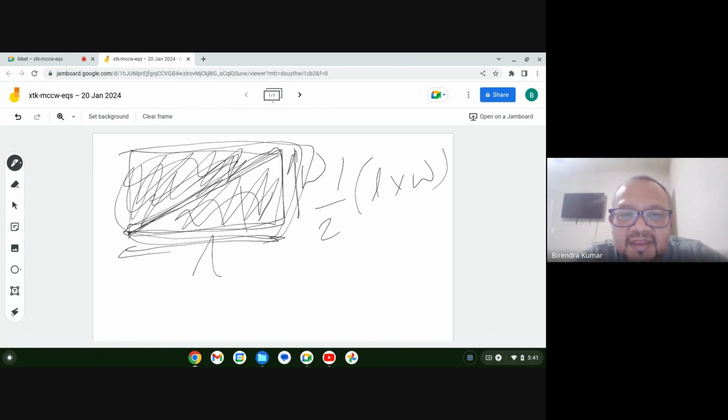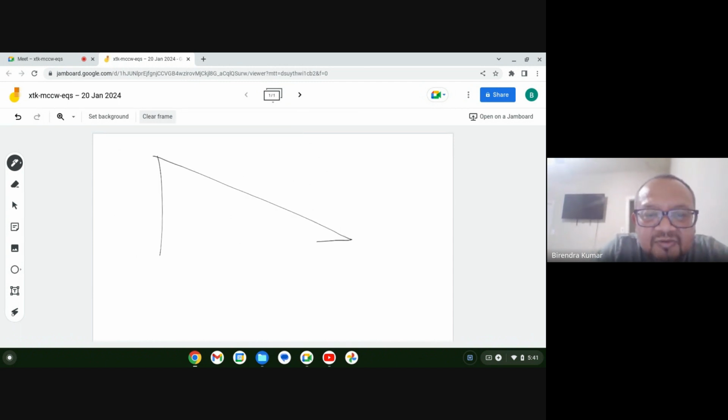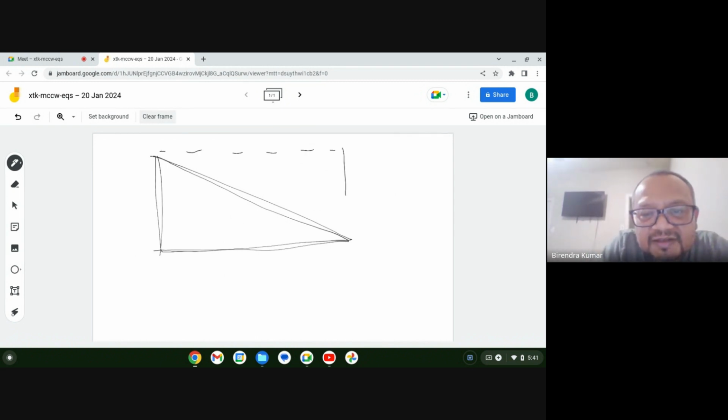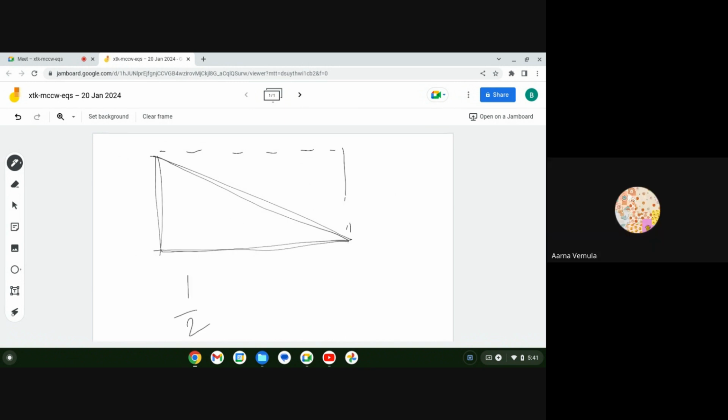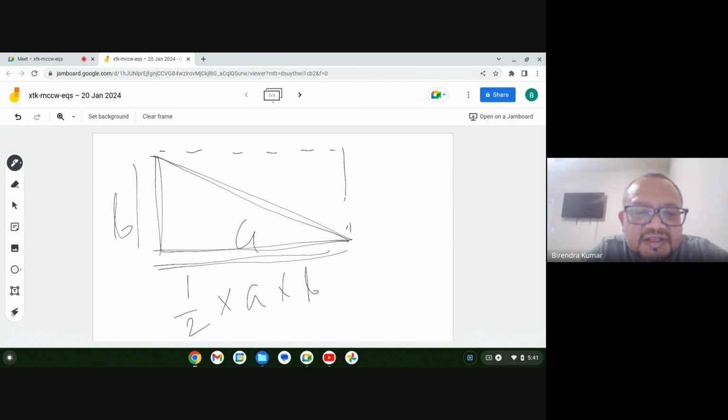So now what you know is that any right angle triangle you talk about, you can visualize as half of the rectangle that you can make with it. This is half of this into this. So if this is, let's say, A and this is B, you'll say half of A into B. This is your area.